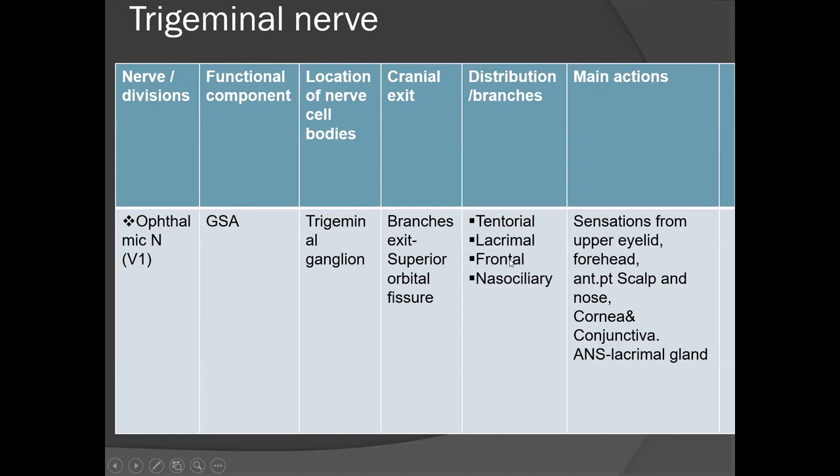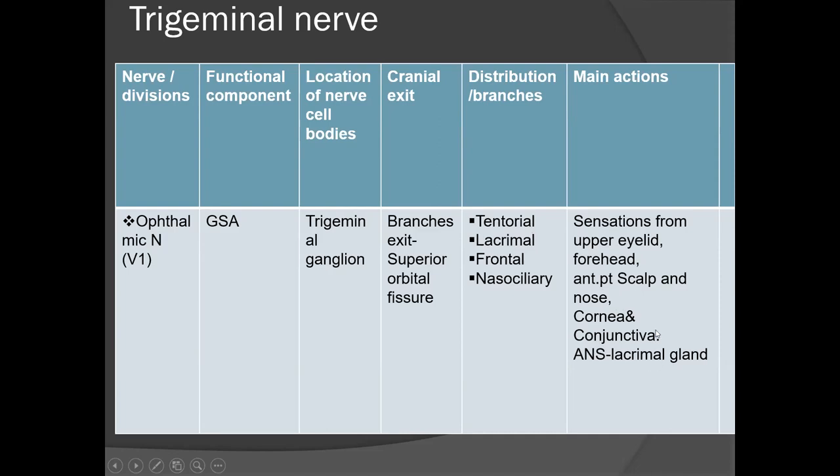Whereas the lacrimal, frontal, and nasociliary are the three branches which are going to pass into the orbit. And then they are going to distribute, taking sensations from the upper eyelid, the forehead, the anterior part of the scalp, the adjacent skin of the nose, the cornea, the conjunctiva, and the lacrimal gland.